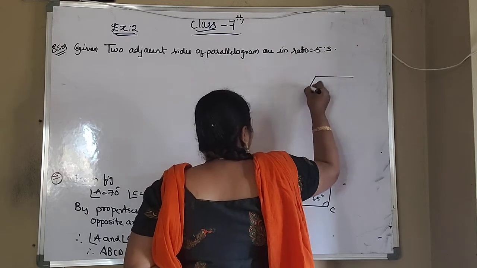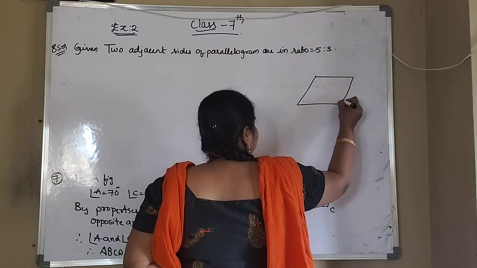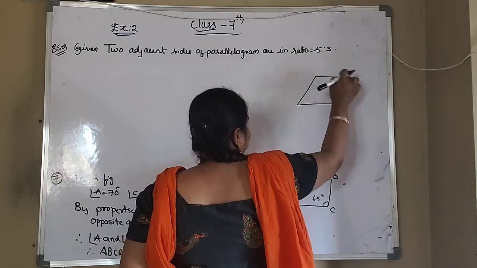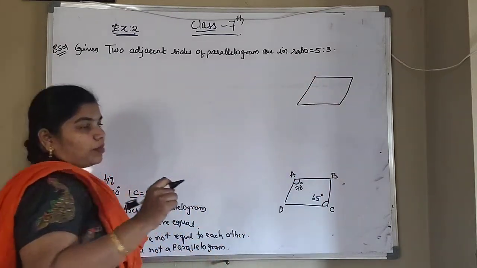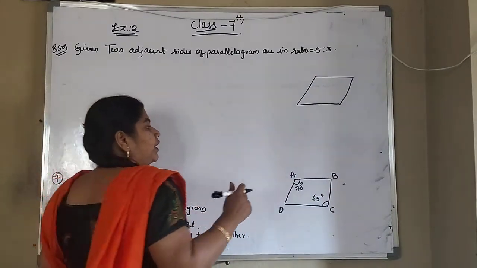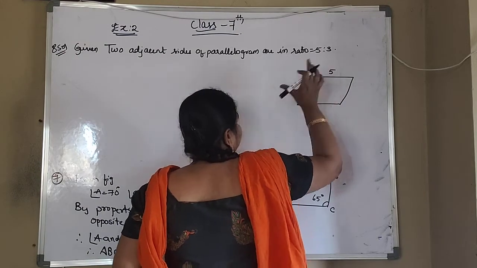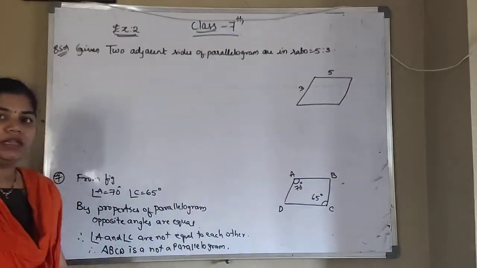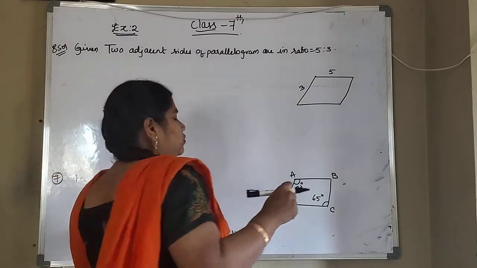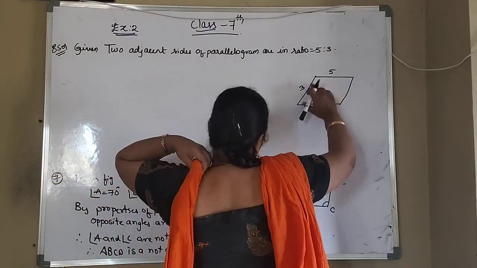So we should take a parallelogram. Two adjacent sides means you can take any two sides which have a common vertex. I am taking this as 5 and this as 3. So these are the ratios, not the particular lengths of that parallelogram.